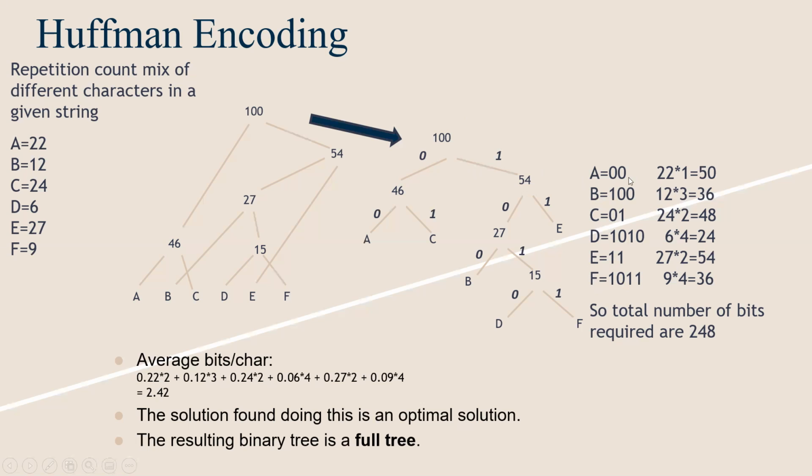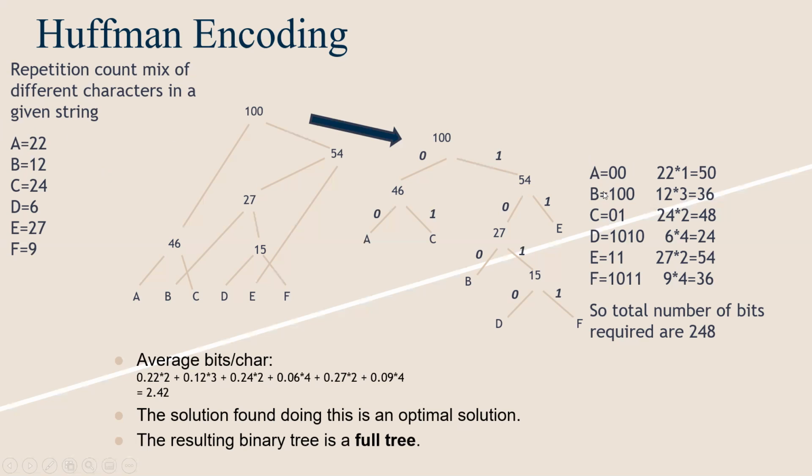Now you can see how many repetition counts A has in the input string: 22. So if a single A consists of 2 bits, then 22 into 2 means how many times these bits will appear? 22 into 2.